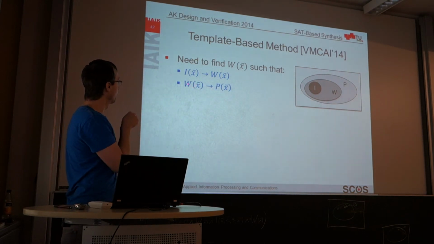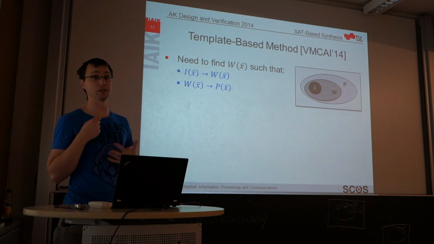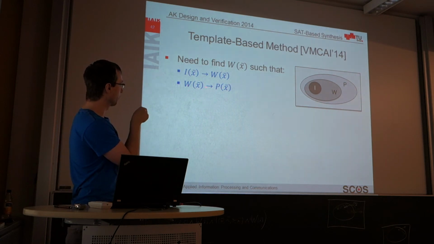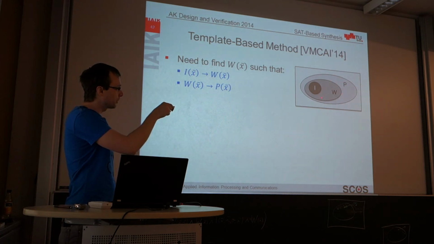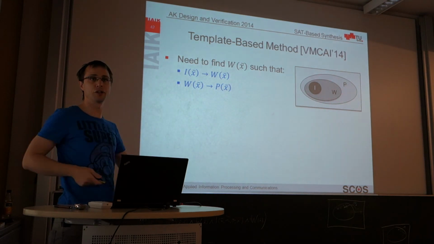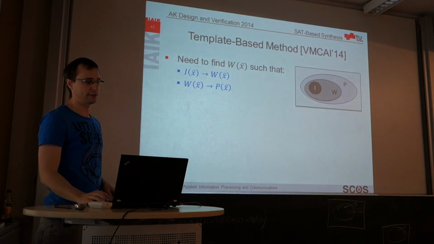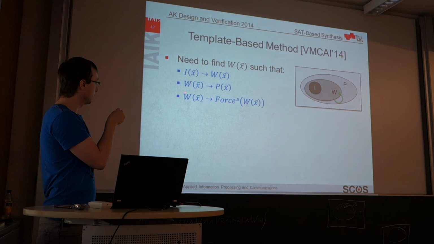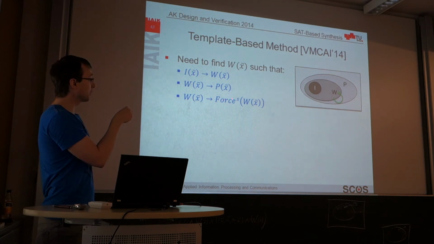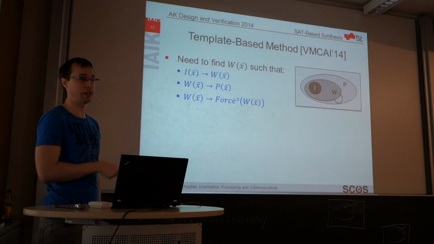Next, every state of the winning region must also be a safe state, so this implication here must hold. Or graphically, the W region must be fully contained in this region of safe states. And the third and most important property is, whenever we are in a state of the winning region, then we must be able to enforce to reach a state of the winning region also in the next step.